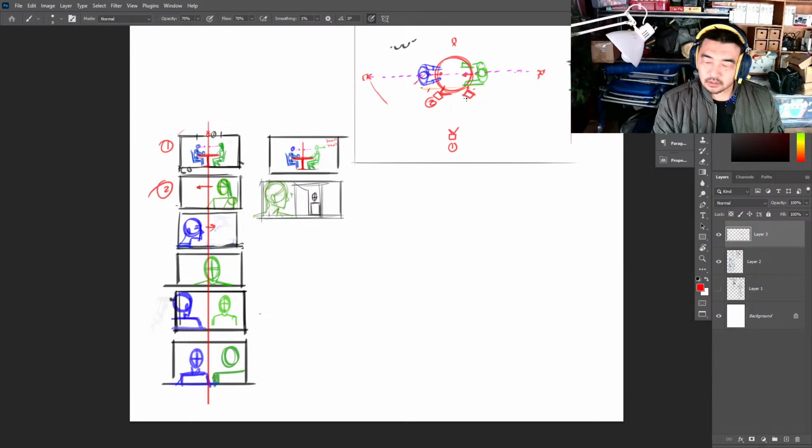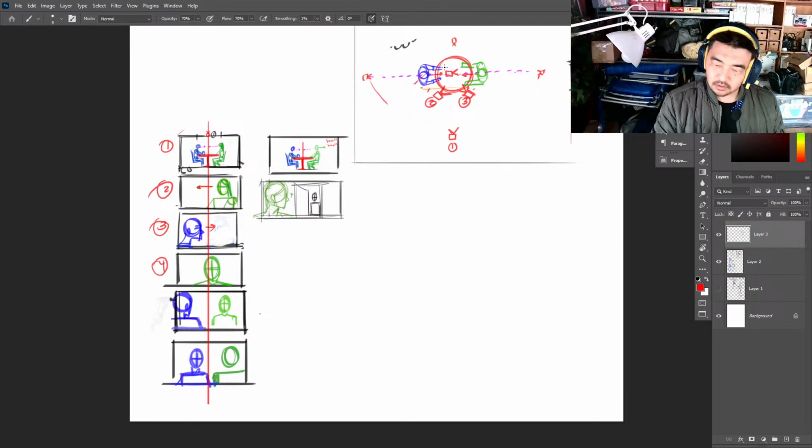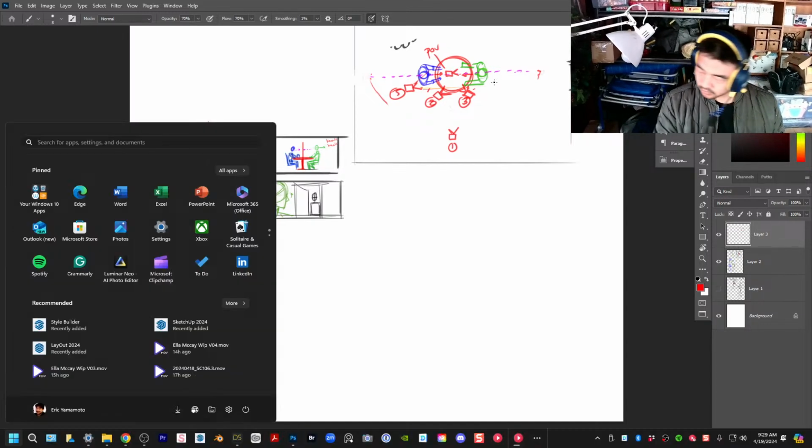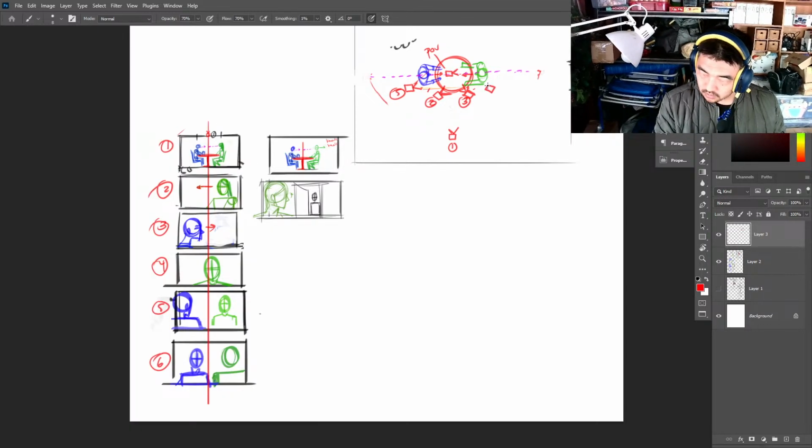And then here's 3, and then we have this shot, which is like a POV shot. This is 4. This is POV. Let me erase these little guys. And then we have 5, over the shoulder on green. And we have 6 right here, which is over the shoulder green onto blue. And then we go back to 1, that's 7.